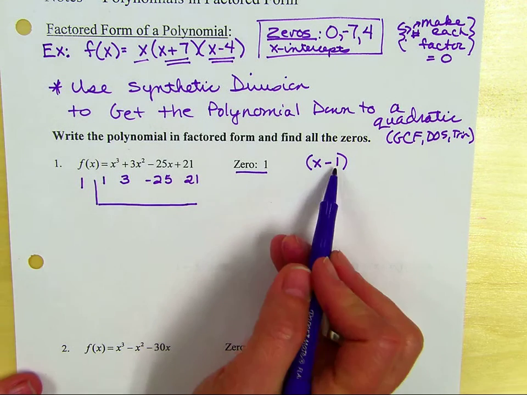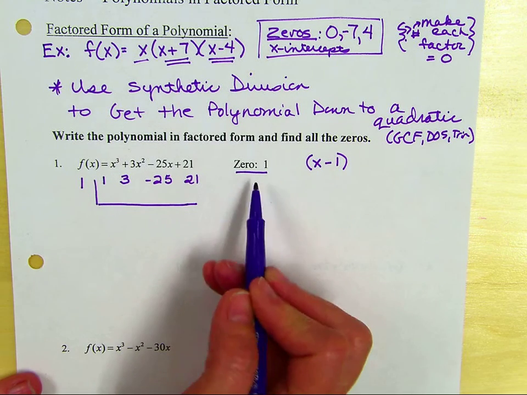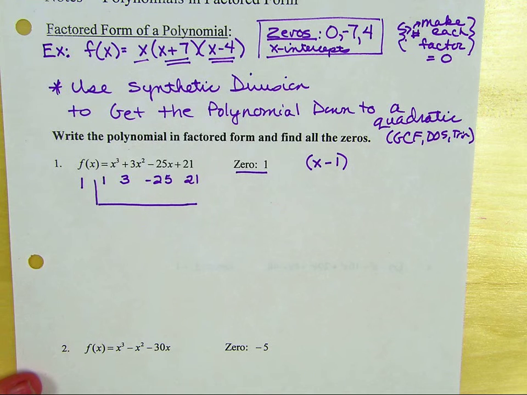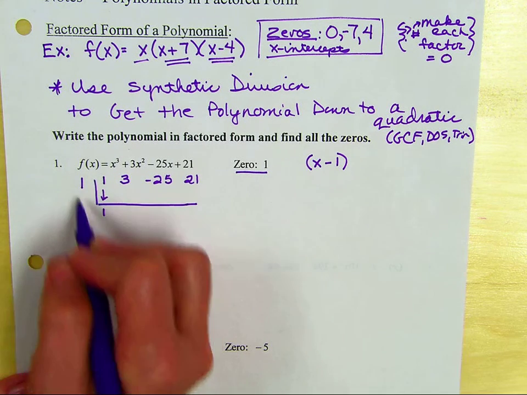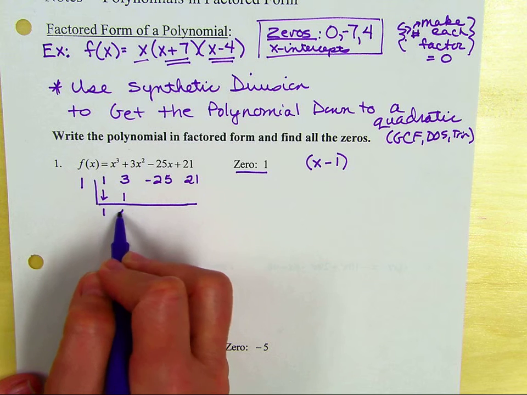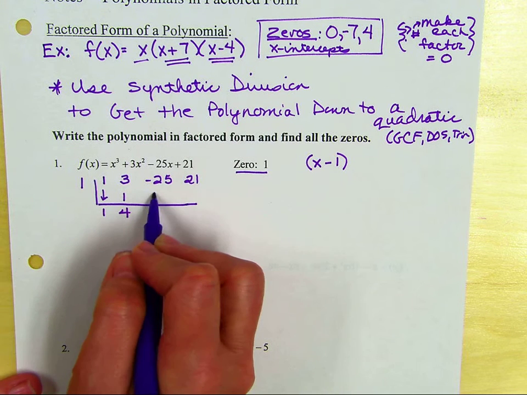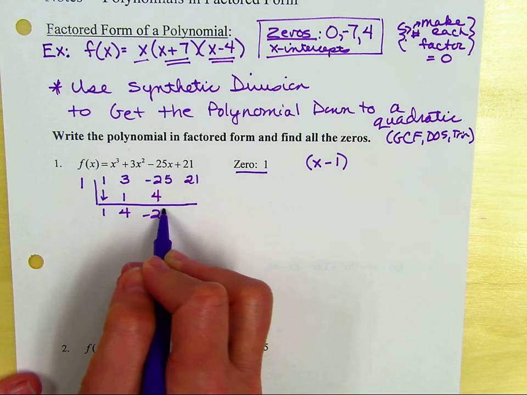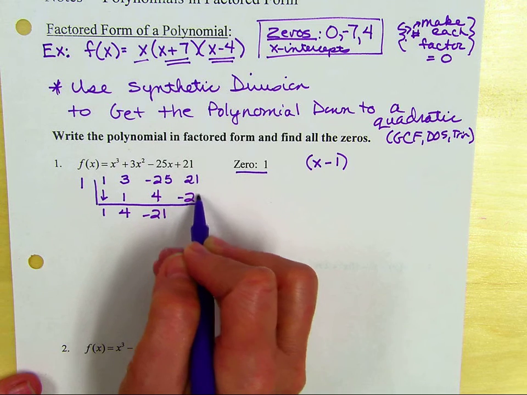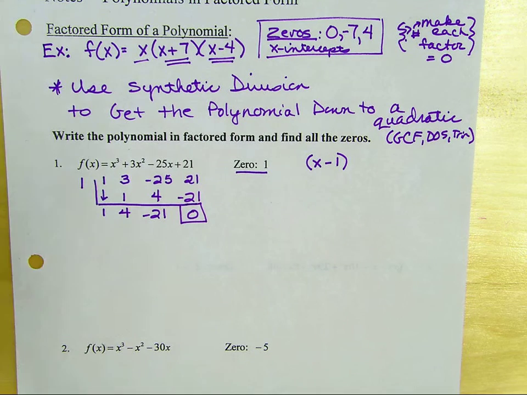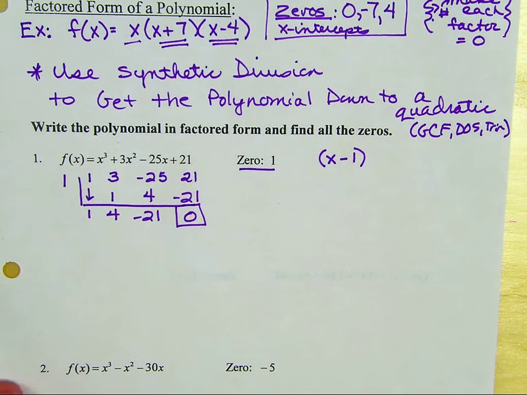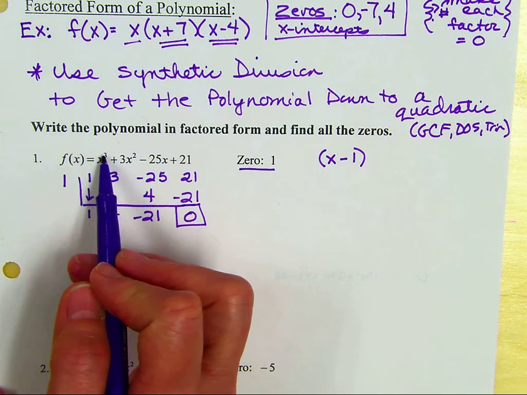Remember, when it came out of the factor, it changes sign. If I give you the root, it's already the correct sign. So the first number goes straight down. Multiply, write it, combine. Multiply, write it, combine. Multiply, write it, combine. So my answer, as it shows up here, I started with x cubed.